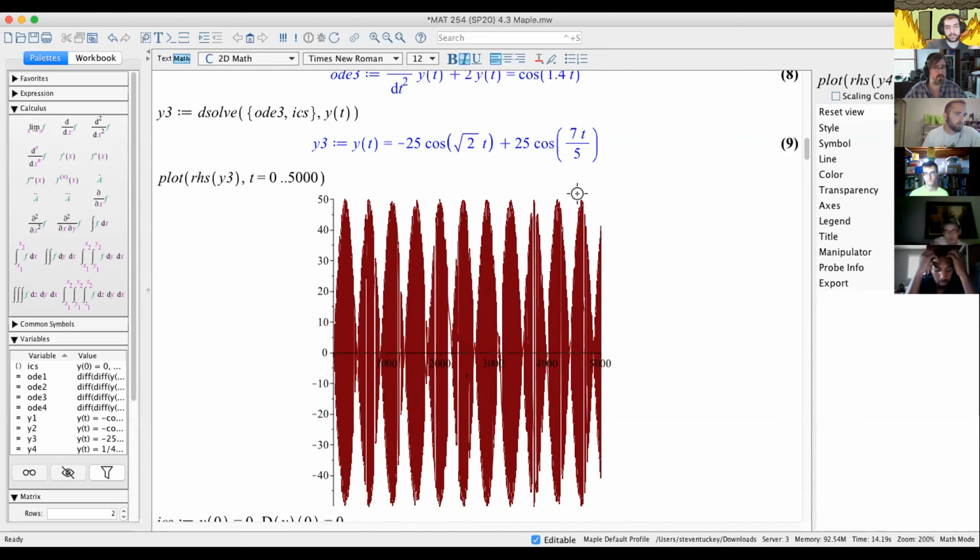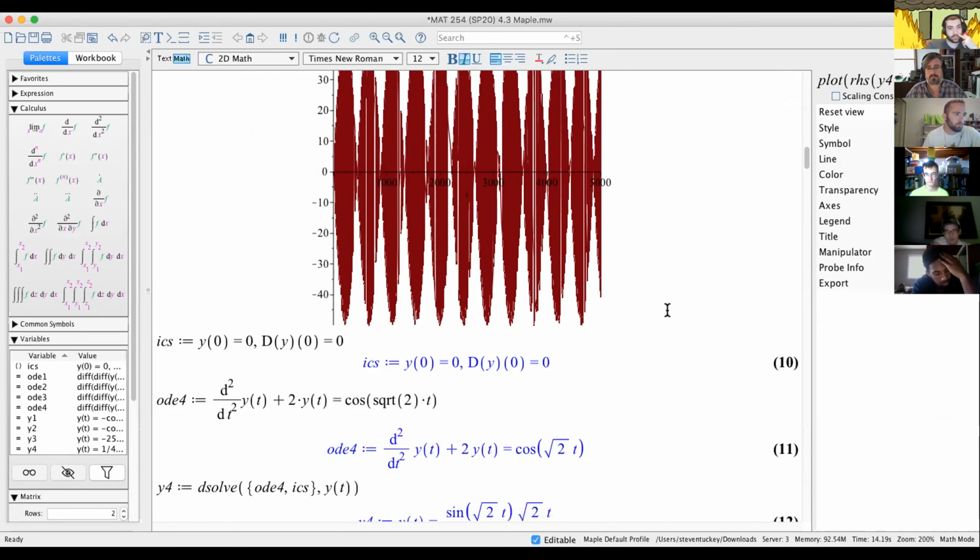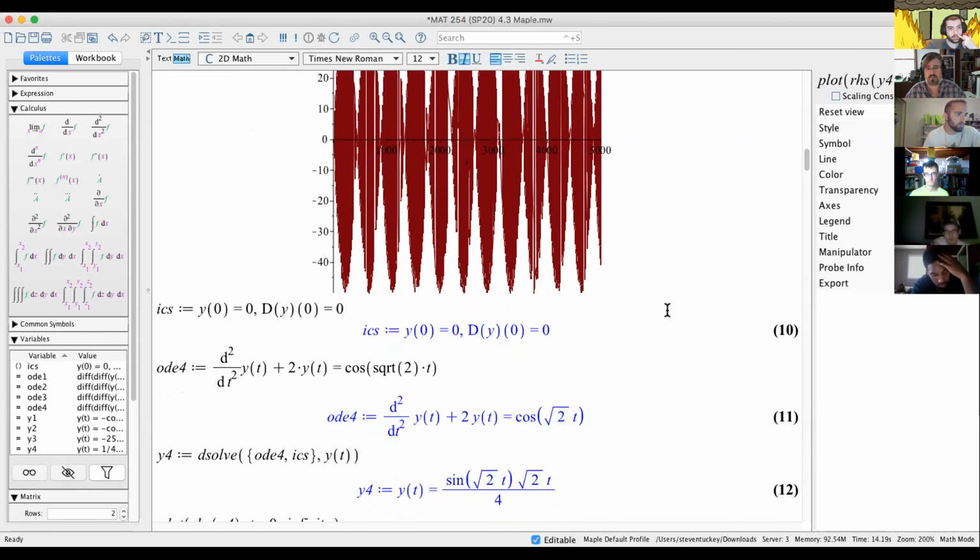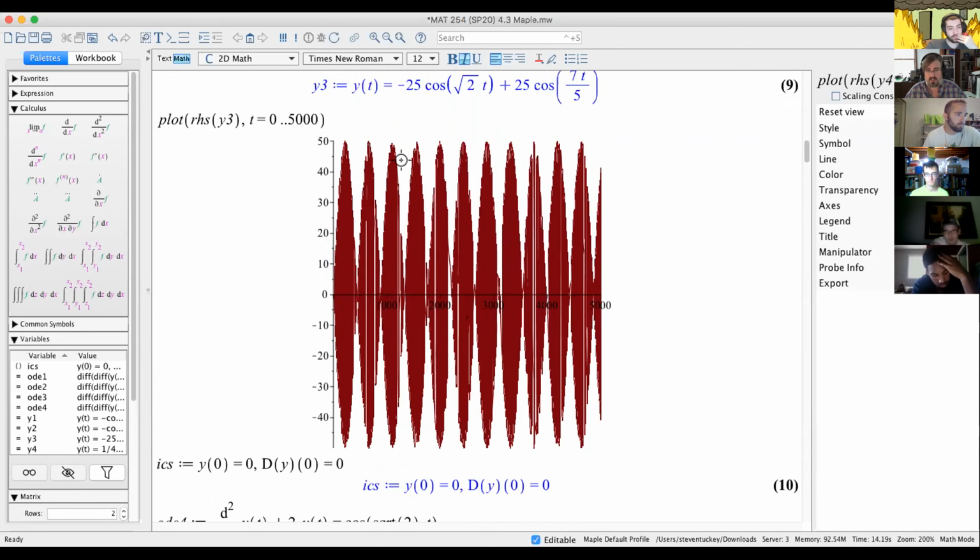So the problem that we run into is you don't have to be at what we call the resonant frequency with your forcing function. You just have to be near it to get this effect of massive increases in resonance. These beats are a ways apart, but measurable.